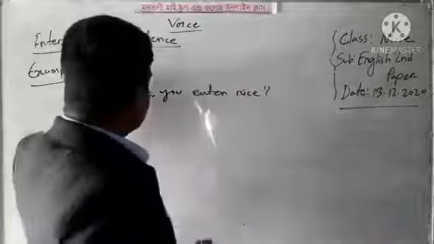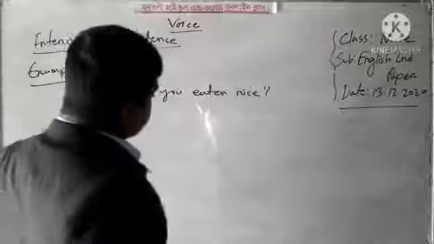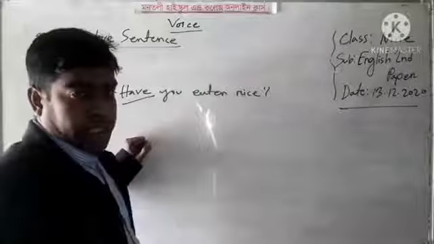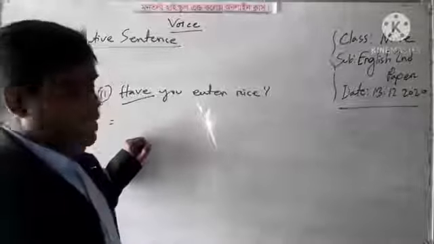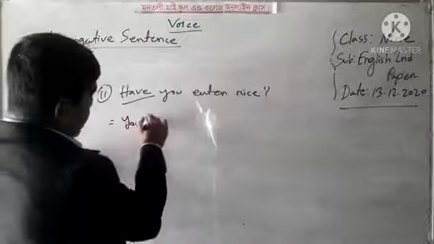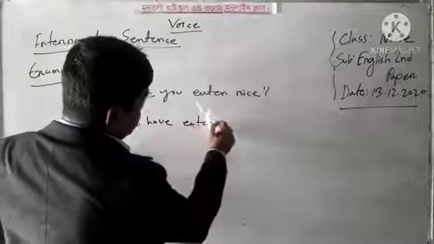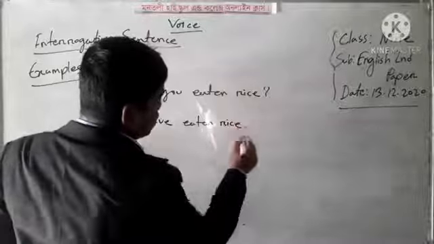Have is the auxiliary verb here. If I write it as an assertive sentence, the sentence will be: you have eaten rice.